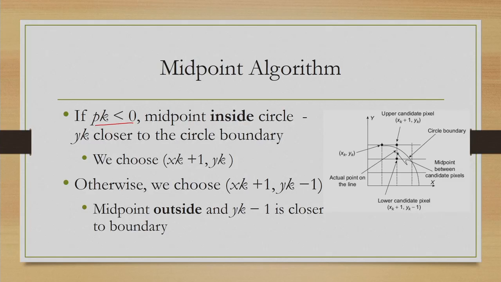That means the upper candidate pixel will be closer to the circle boundary. So, we choose xk plus 1 yk. If that is not the case, then we choose the other candidate pixel, that is xk plus 1 yk minus 1. Note that we are going down the scan lines. So, next y coordinate will be yk minus 1, because in that case midpoint is outside and this lower candidate pixel is closer to the boundary.